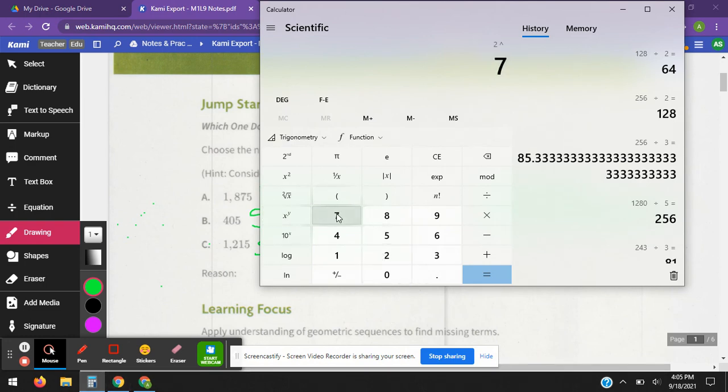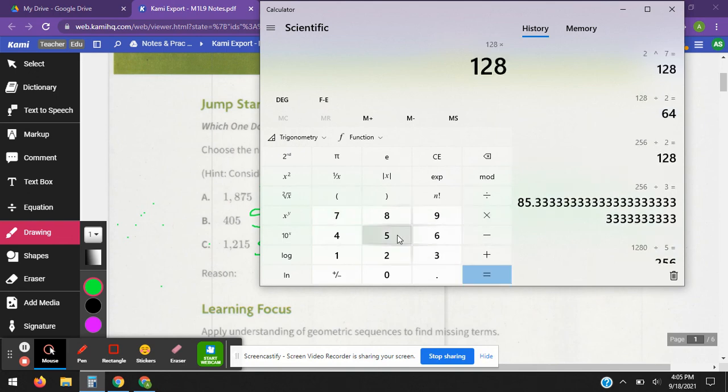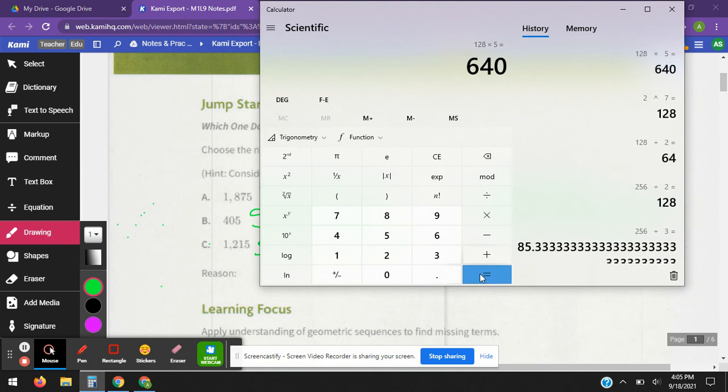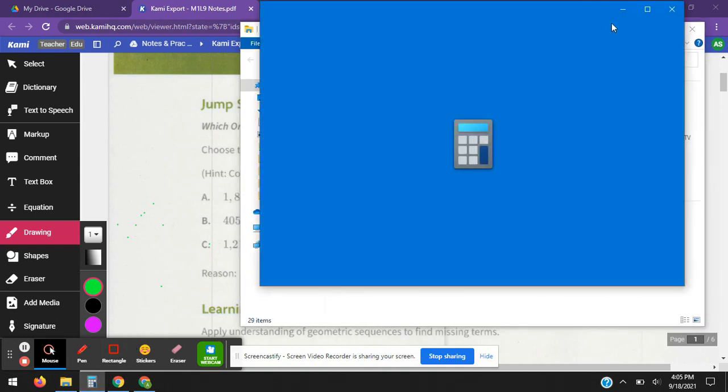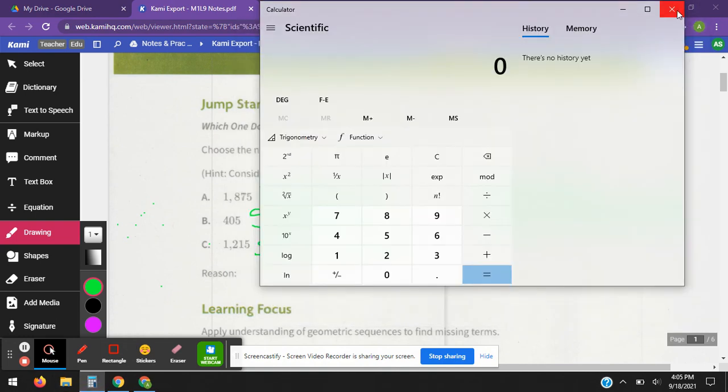Oh, we've got to get one more in there. 1, 2, 3, 4, 5, 6, must be 8 2s, because we need to get 1280. There we go. So 2 to the 7th times 2 times 5. There we go, 1280.